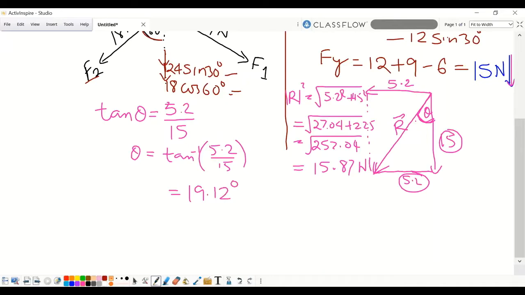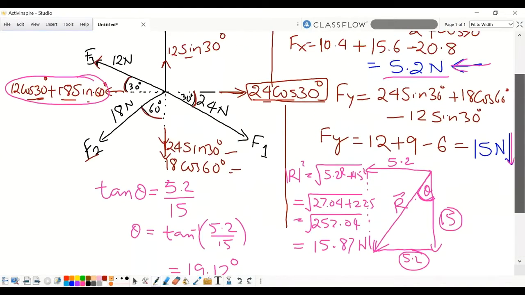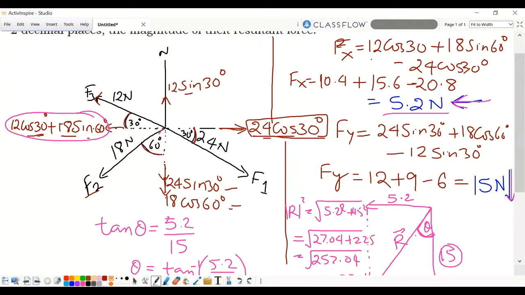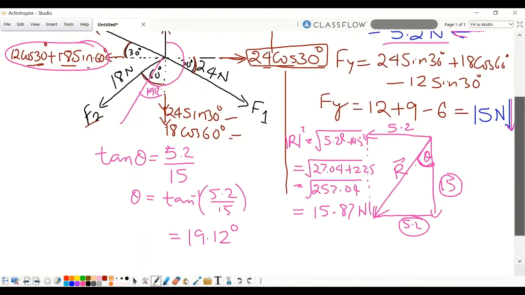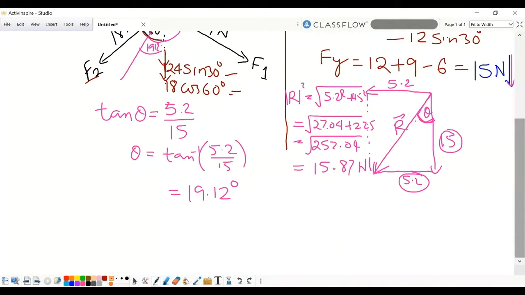And now we can easily write its direction. Suppose this is 19.12 in this direction. So we will write 180 plus 19.12, which will be 199.12 degrees. That's the direction of the resultant whose magnitude was asked.